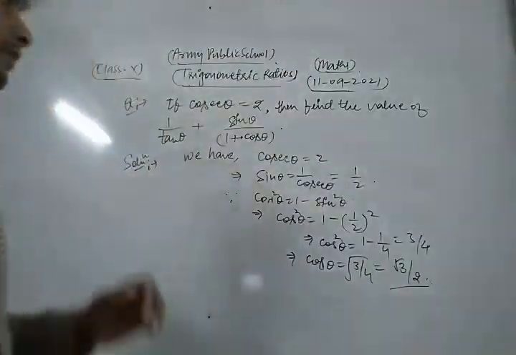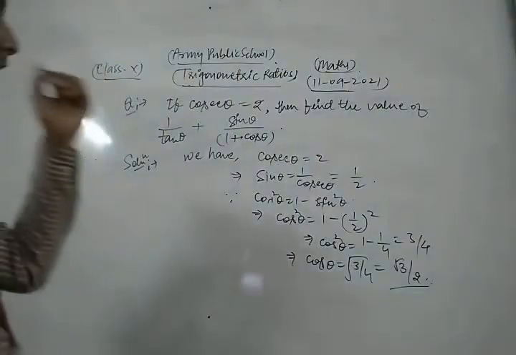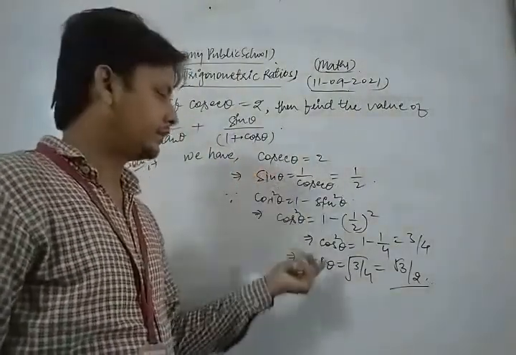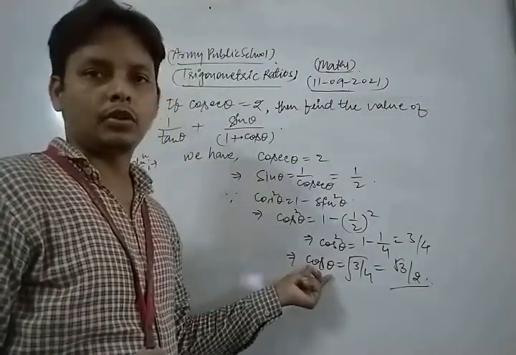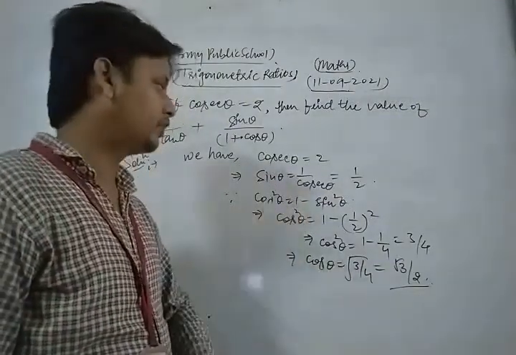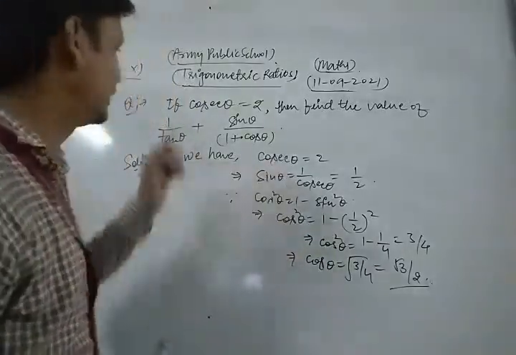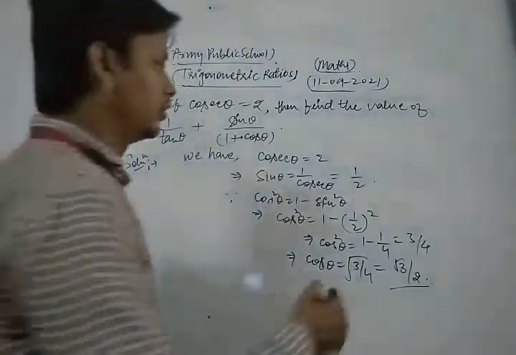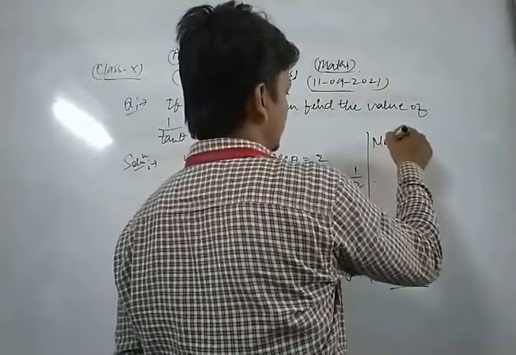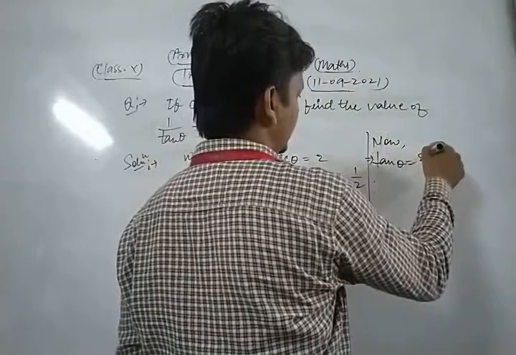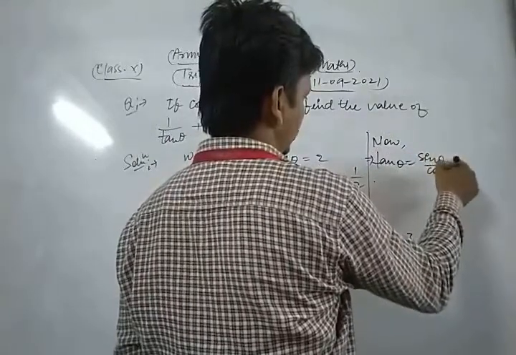Okay. Now, in this way we find sin theta as well as cos theta with the help of the given value. Now we also find tan theta, because we know tan theta we can write as sin theta upon cos theta.